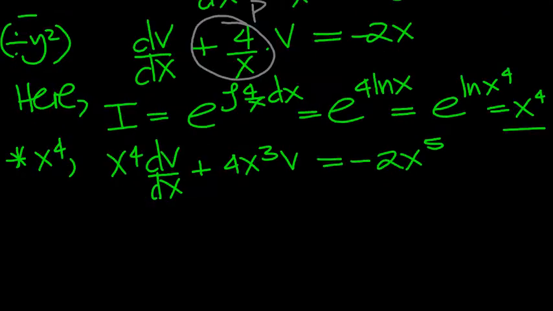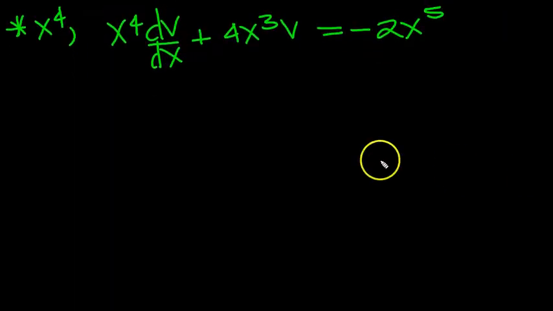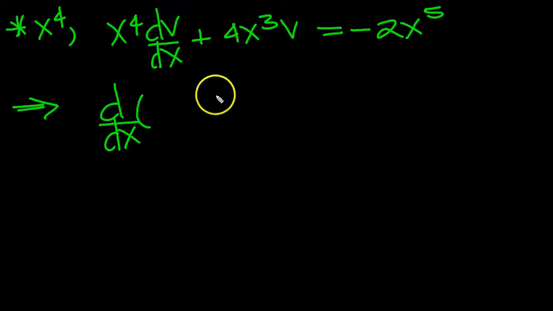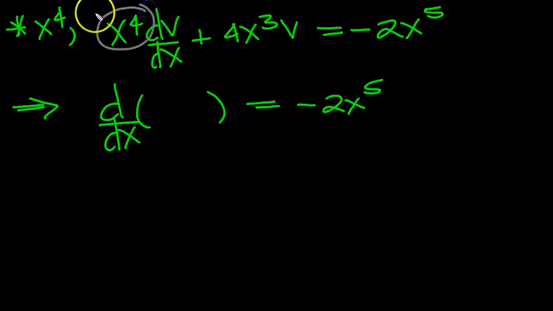So that's that. Good. Now we can deal with this and read off u and v. So d by dx then of the u times v equals this thing here, minus 2x to the 5. The u and the v, it's just a matter of circling this. This position always gives the u and this thing always gives the v. So it's going to be x to the 4 times v.